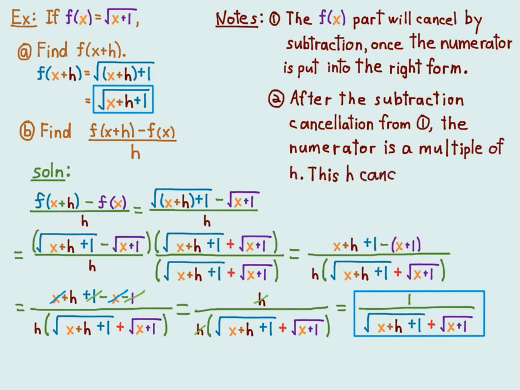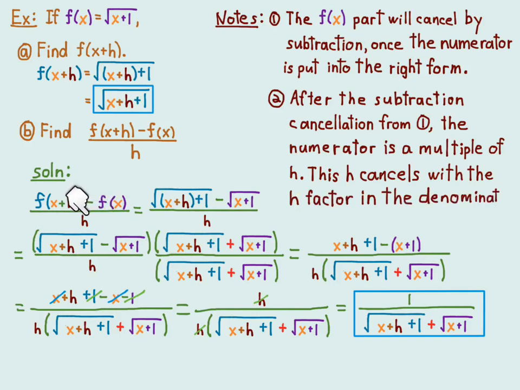The denominator was always a multiple of h because we started that way, right here. And then we multiplied by this stuff, so that's already a factor at the bottom. So this particular h gets canceled out, but that doesn't mean that there aren't h's in the final answer. There's one in the middle here. Okay. All right, that's it for that video.